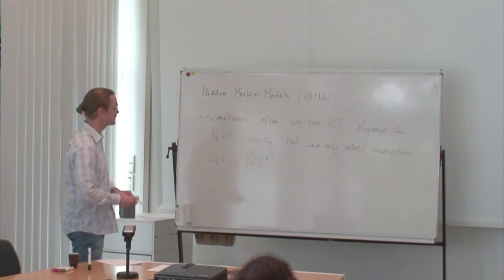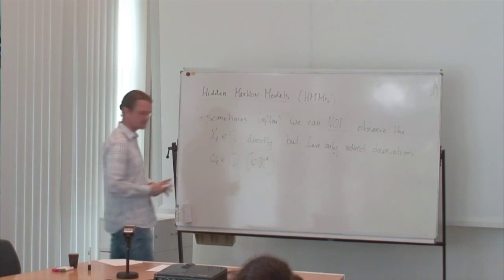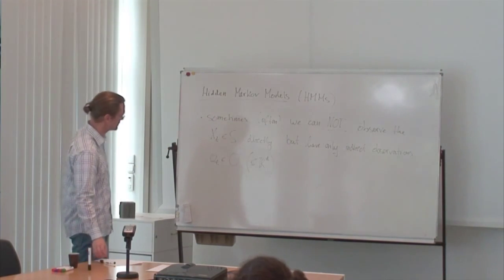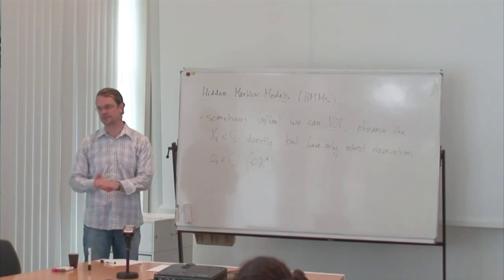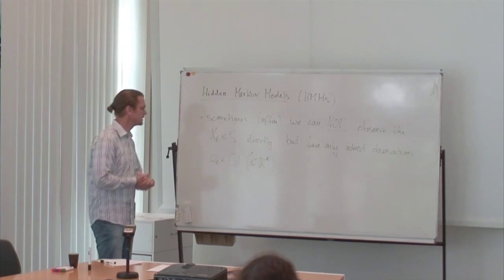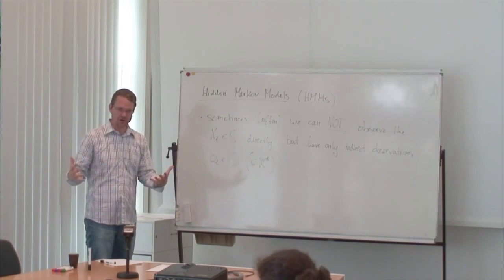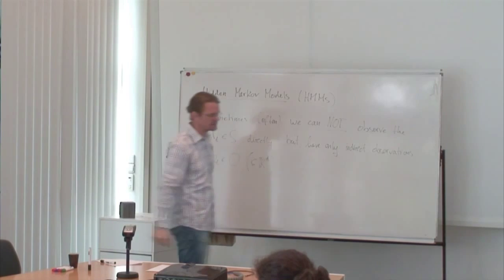So this is the crucial observation, and of course it is not at all clear what I want to say by this, so we have to look into an example, right?